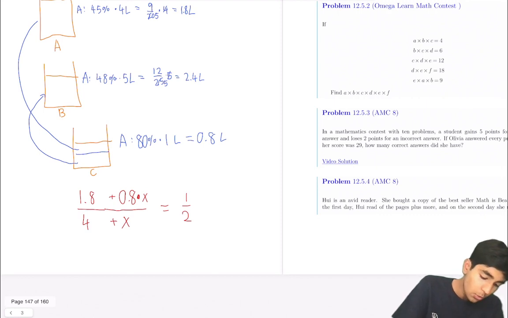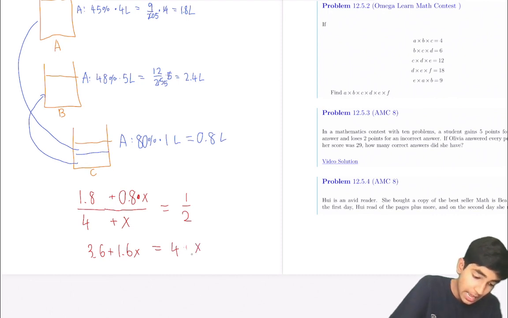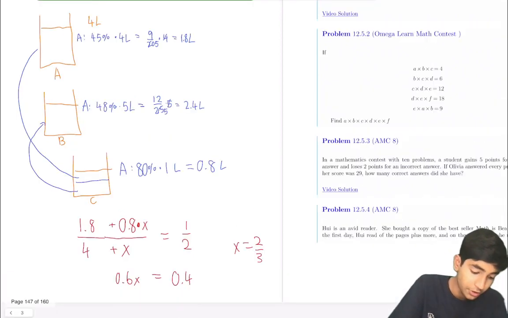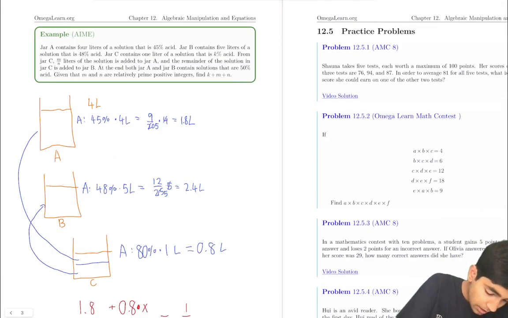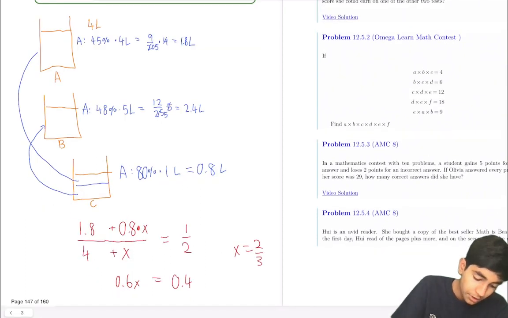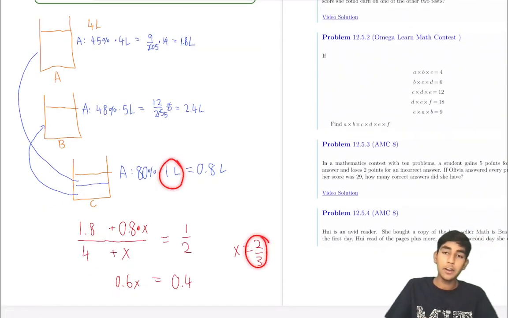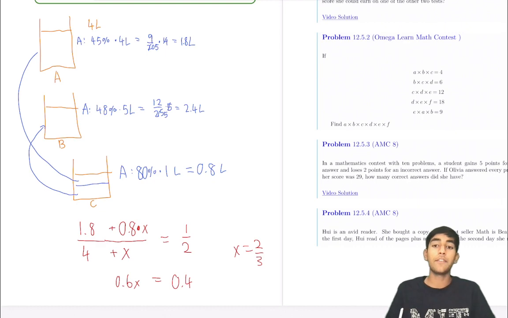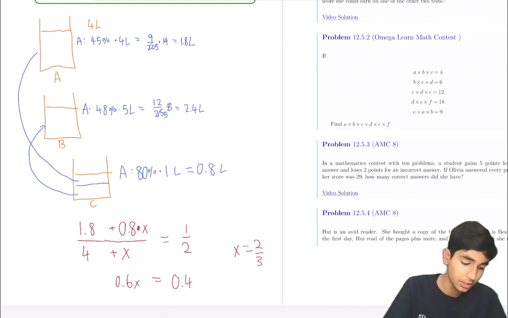Cross multiply, 3.6 plus 1.6x is 4 plus x, and we can subtract x from both sides to get 0.6x equal to 4 minus 3.6, which is 0.4. So x is 2/3. So the fraction is 2/3, and because the solution is only 1 liter, the amount of solution C we're adding is also 2/3.